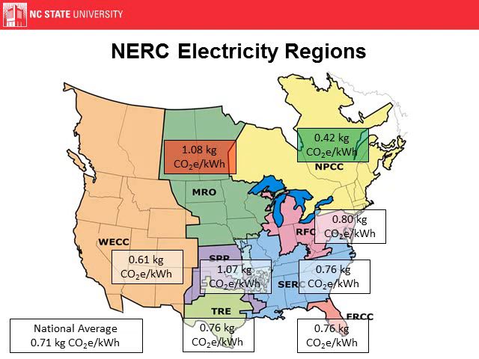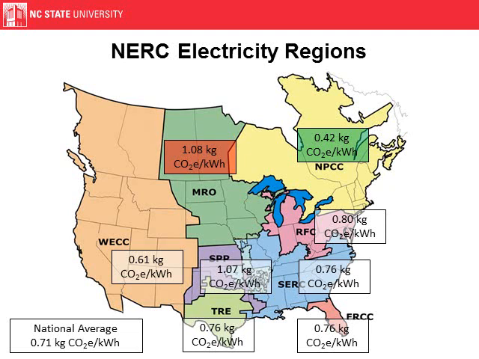And you'll see the national average is 0.71 kilograms CO2 per kilowatt hour. And there's a few like the Reliability First Corporation and SERC and FRCC and TRE that are pretty close to the national average. And then the western coast is a little cleaner, and SPP is essentially the same as MRO.